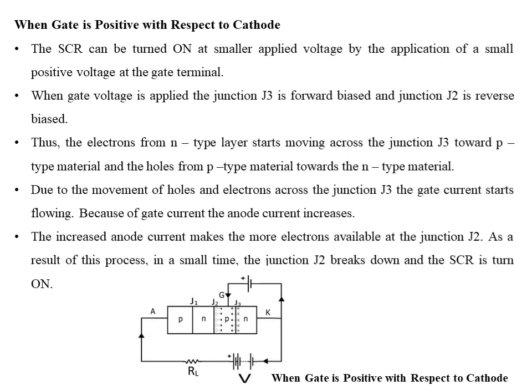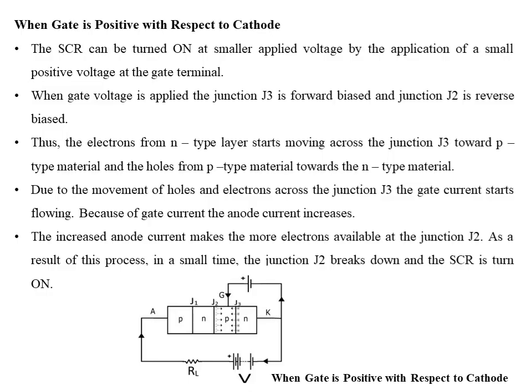When the gate is positive with respect to the cathode. The diagram is shown here. The SCR can be turned on at a smaller applied voltage by the application of a small positive voltage at the gate terminal.